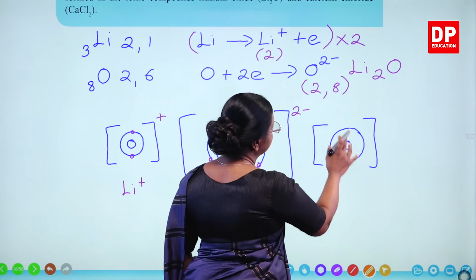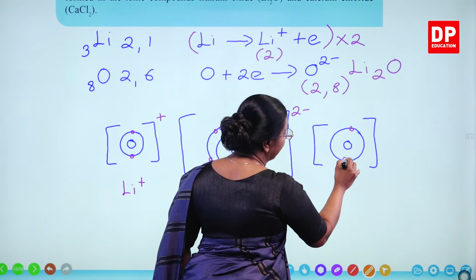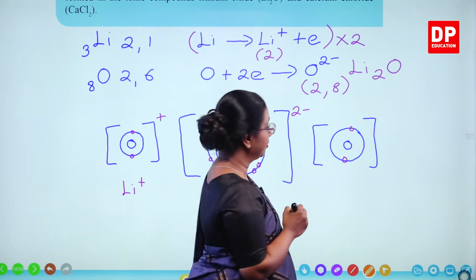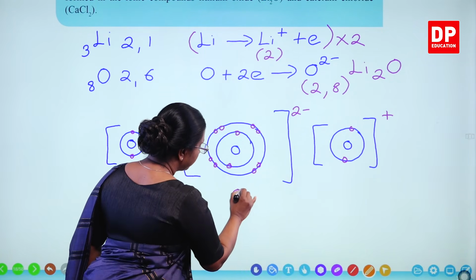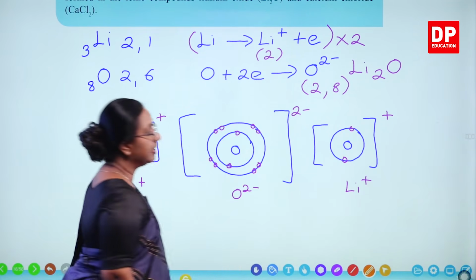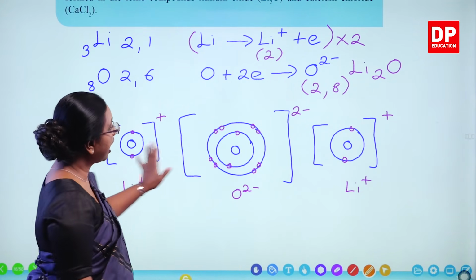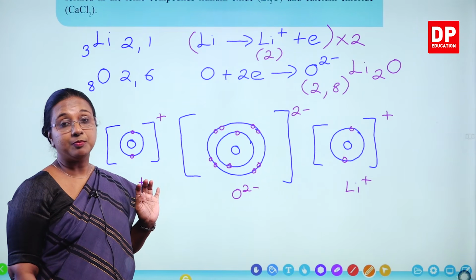And on this side, again we have another lithium ion with 2 electrons in the first energy level only and a positive charge. So this is O2 minus and this again is Li+. This is how the lithium oxide ionic bond forms.